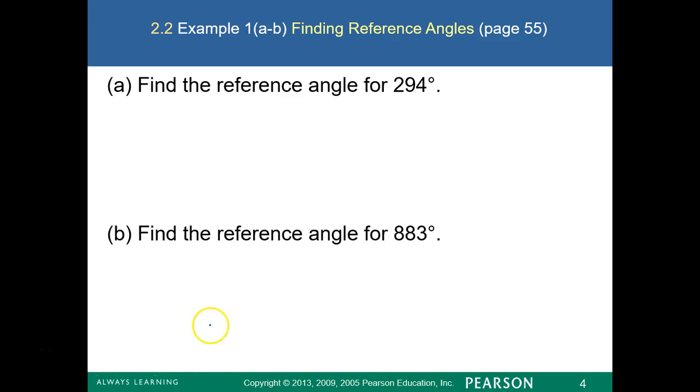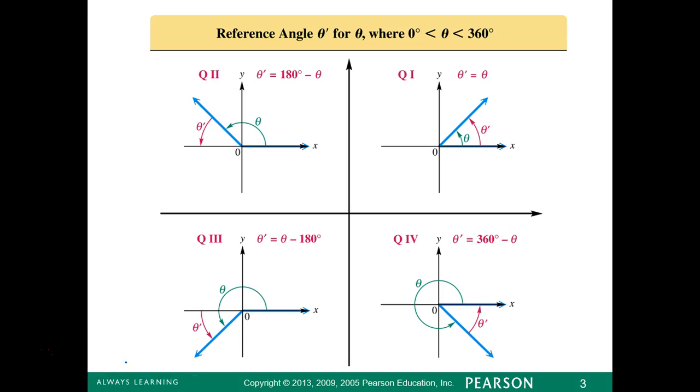All right, so for part A, it says find the reference angle for 294 degrees. So 294 degrees is in this fourth quadrant because it's an angle greater than 270. It's between 270 and 360. So to find the reference angle of an angle that is in quadrant 4, we're going to follow this right here. We're going to say reference angle is equal to 360 minus the 294 that we were given.